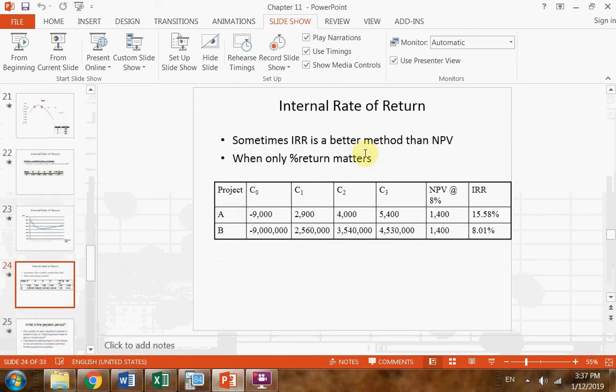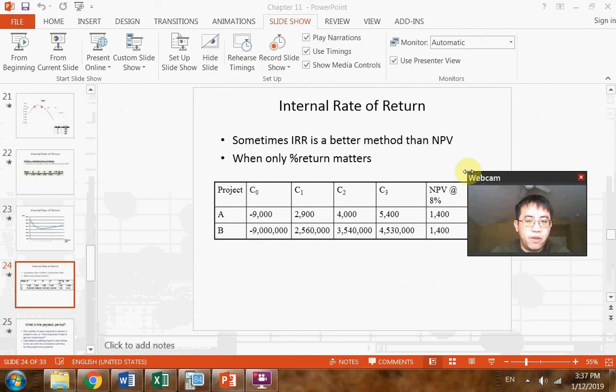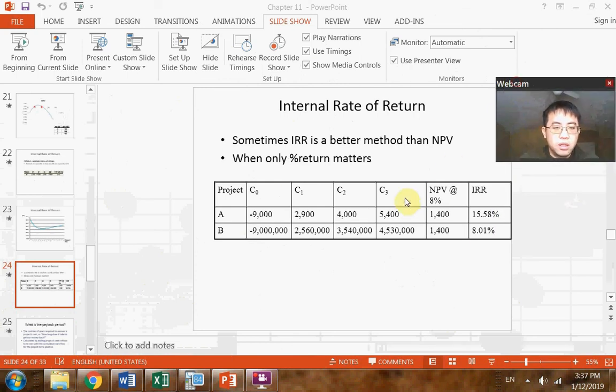Sometimes it's better to use IRR. If you look at project A and project B, they both give the same NPV at an 8% discount rate, so there is not much difference. But you should know that project A is better and more efficient.